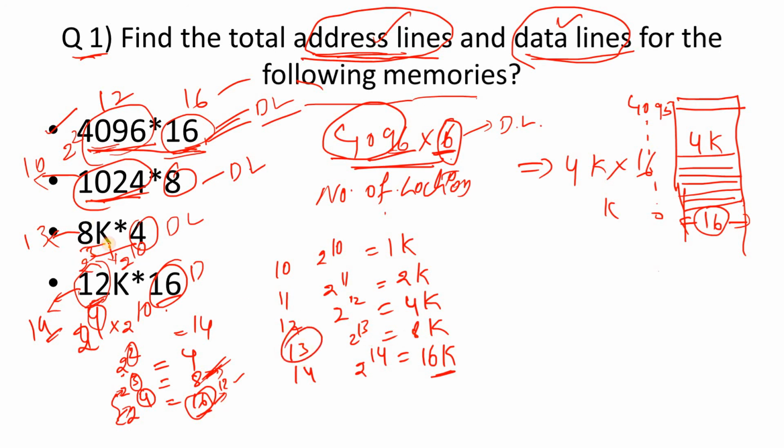But 12k lies in between 8k and 16k, so 8k is already crossed and we have to consider 14 address lines in this case.